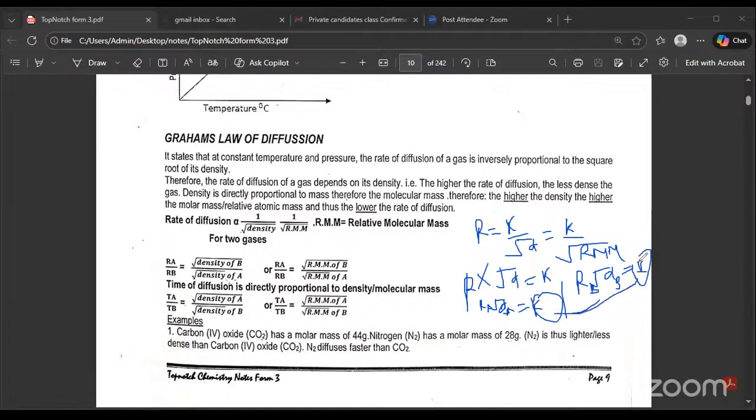So this K and this one are the same. We can say RA square root of DB. I'll wrap that one. Let me write on top here. I hope you are following so that you don't get lost.